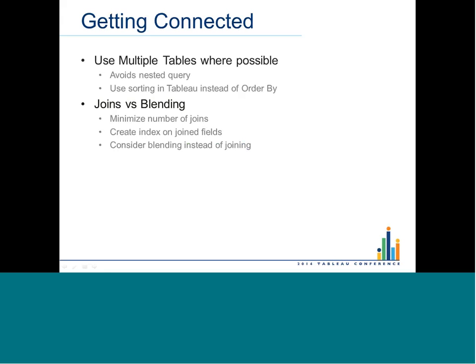Also, you can consider using blending, which is doing the join in Tableau itself by sending two separate queries to the database to aggregate the results first before joining them in Tableau.